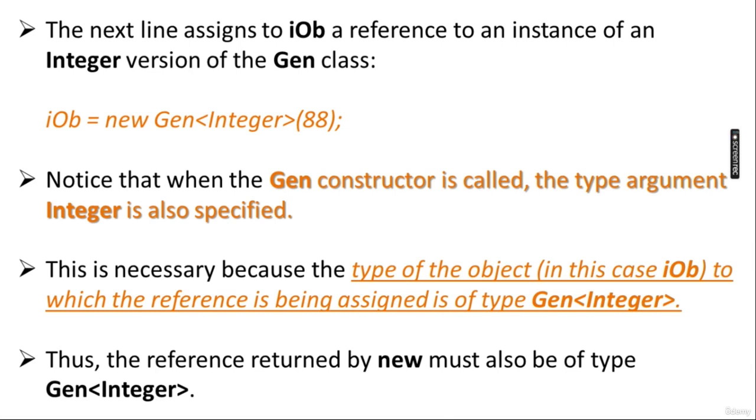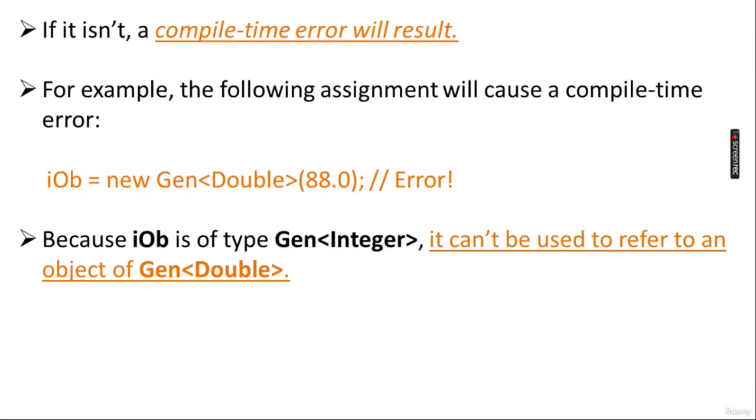So what you have to remember overall is, whenever you are creating an object of a particular type, all the specific capital T are replaced by that particular type. Thus the reference returned by new must also be of type Gen<Integer>. If it is not, a compile-time error will result.